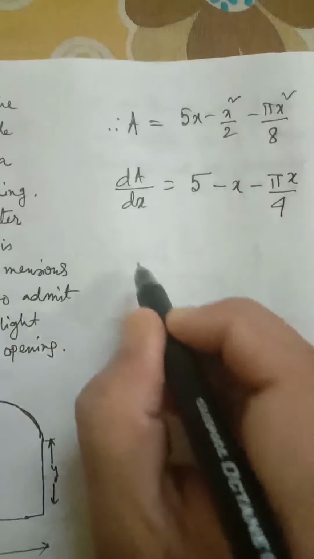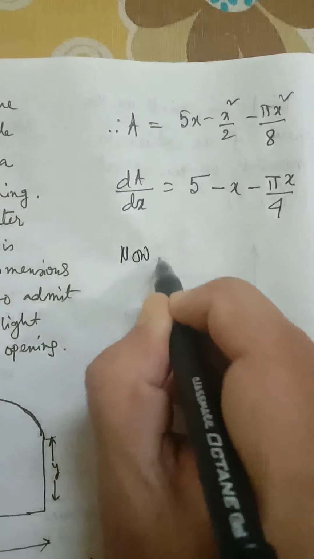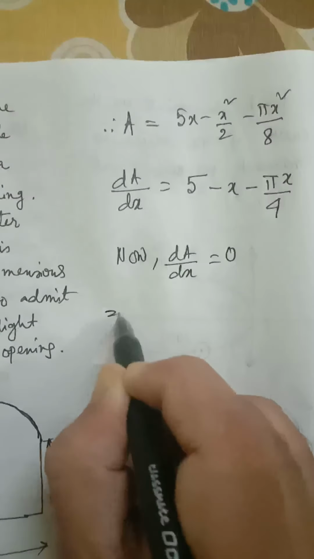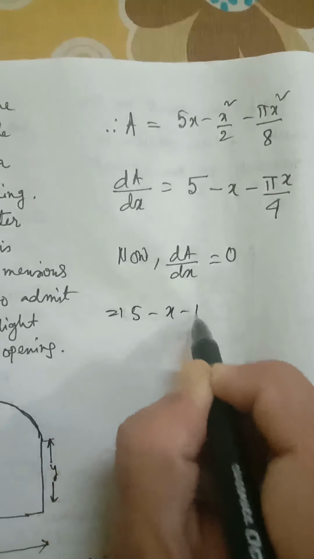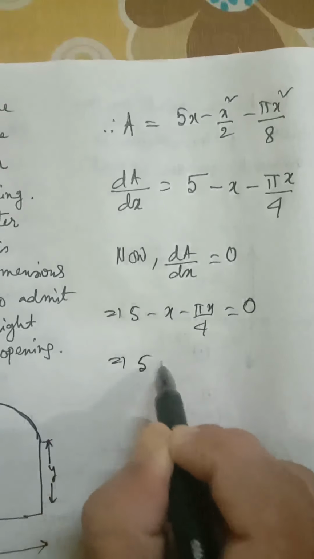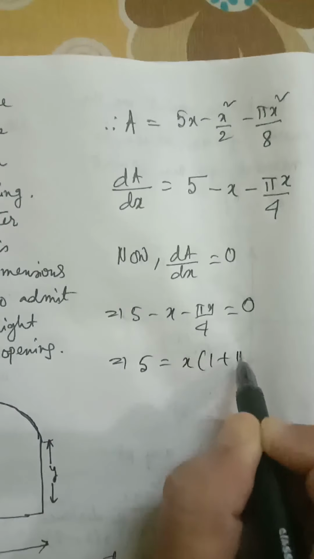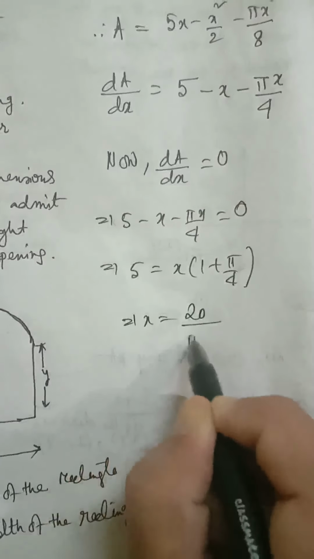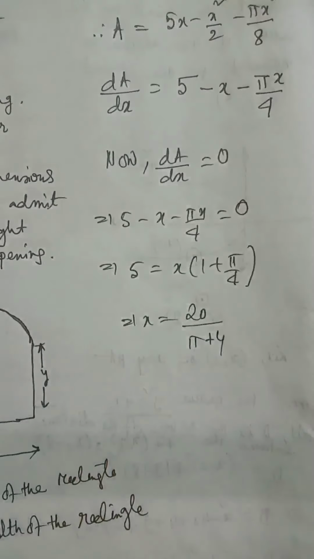Now dA/dx equal to 0 gives, solving this, 5 equals x into 1 plus pi by 4, and x equals 20 by pi plus 4. So this is our stationary point, 20 by pi plus 4.